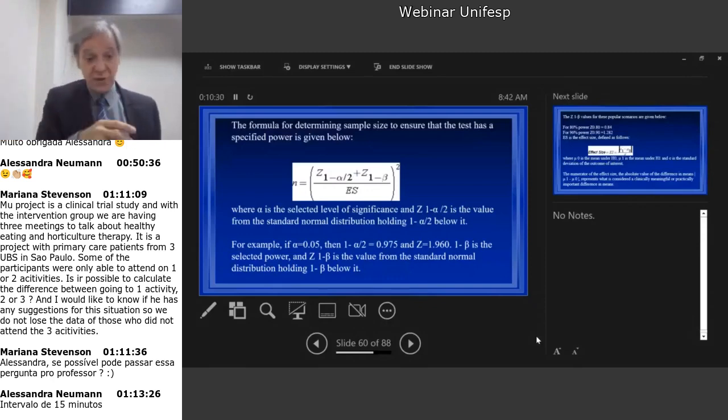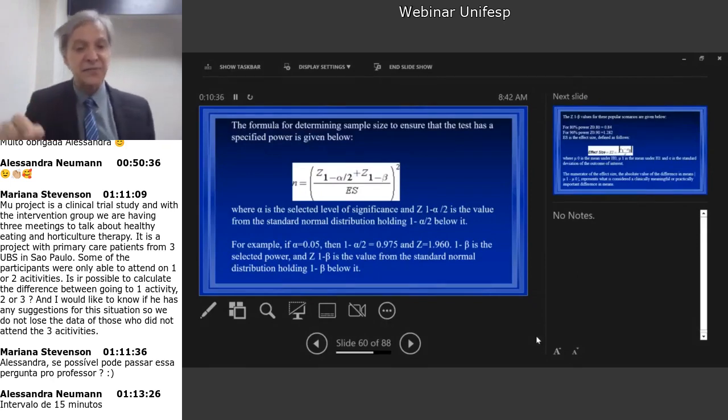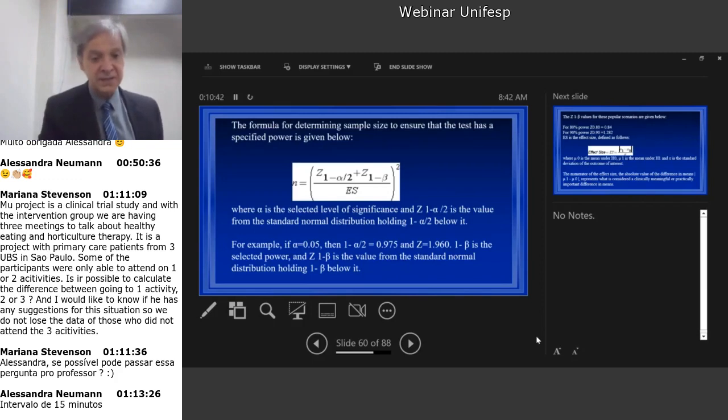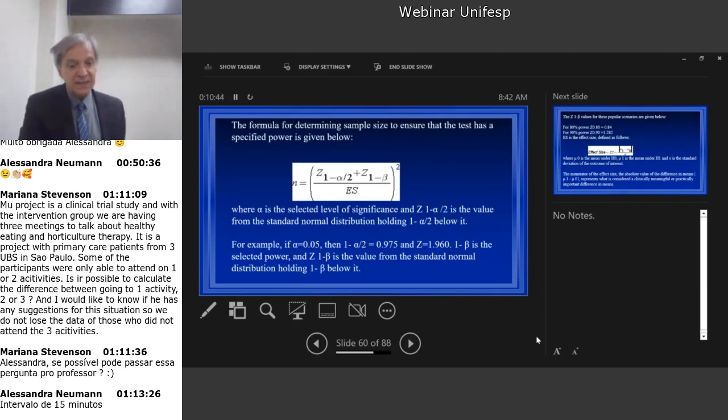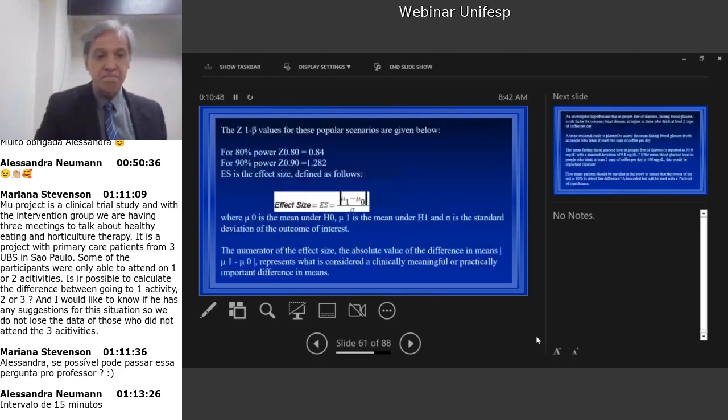For example, if alpha is 0.05, then 1 minus alpha over 2 is 0.975. So you want 97.5% of the distribution to be included in that Z value of 1.96. And 1 minus beta is the selected power. So it's a very simple formula. For 80% power, your Z is going to be 0.84. For 90%, it's 1.282.